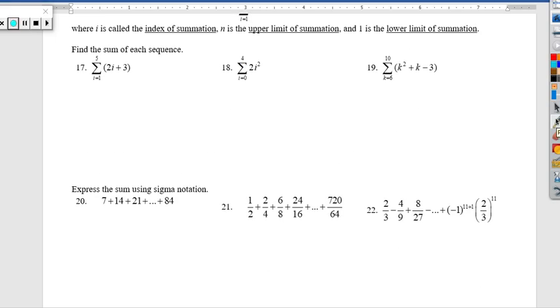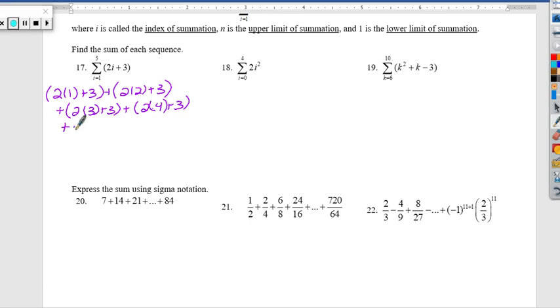I'm looking at the summation of i being 1 to 5 of 2i plus 3. So basically what we're going to do, we're going to say 2 times 1 plus 3. We're going to add that to 2 times 2 plus 3. Add that to 2 times 3 plus 3. Plus 2 times 4 plus 3.